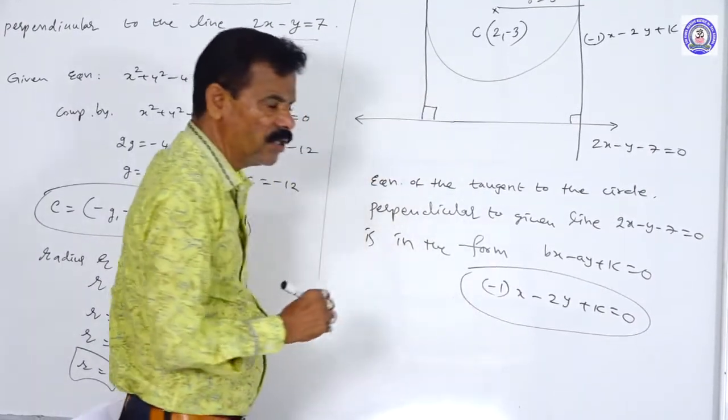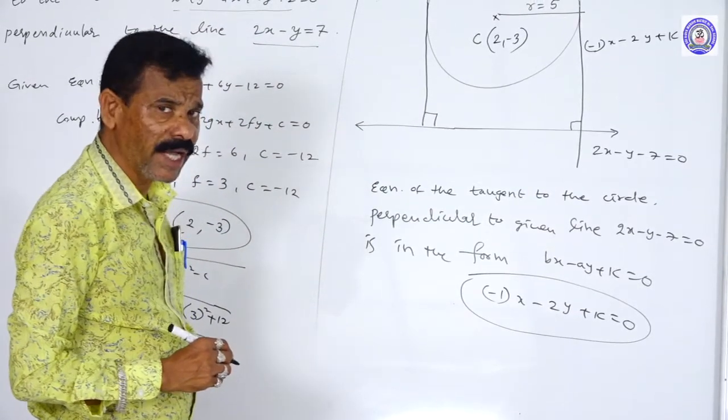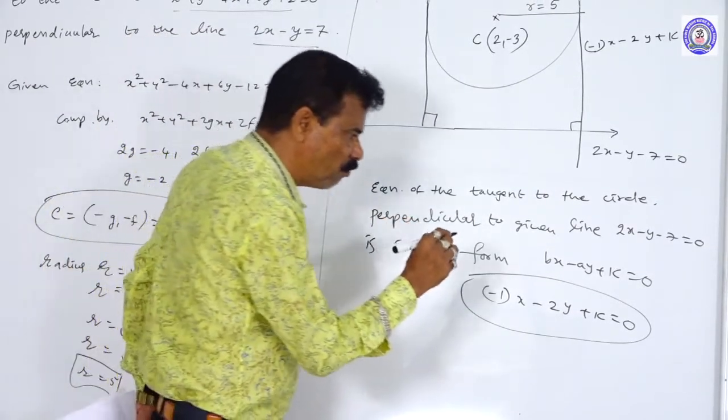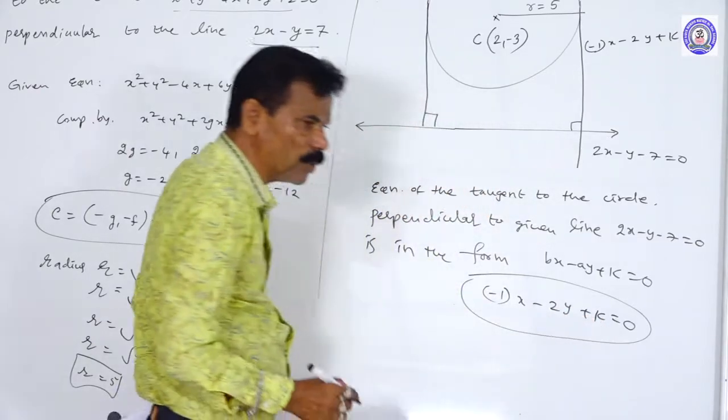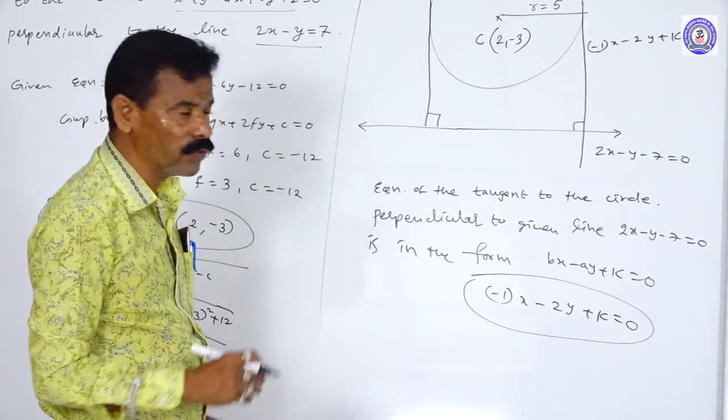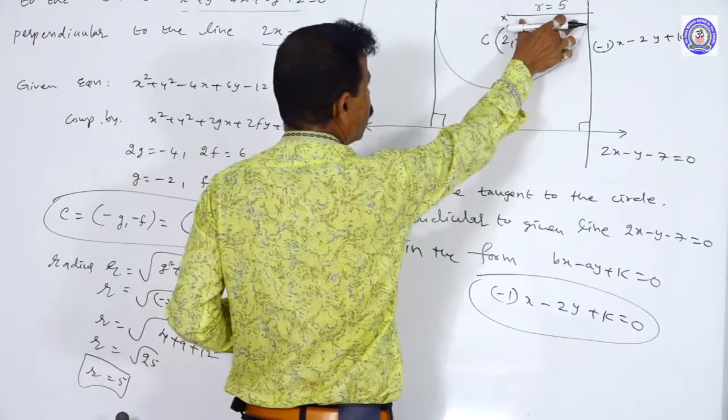This is the required tangent. But we must find the k value. How do we calculate the k value? So this is the tangent.